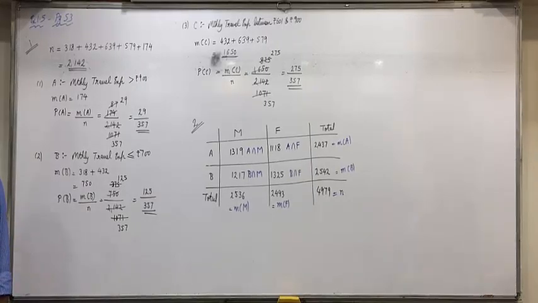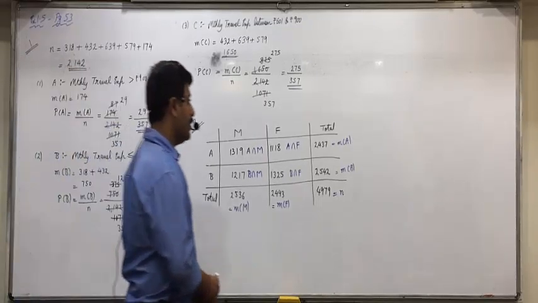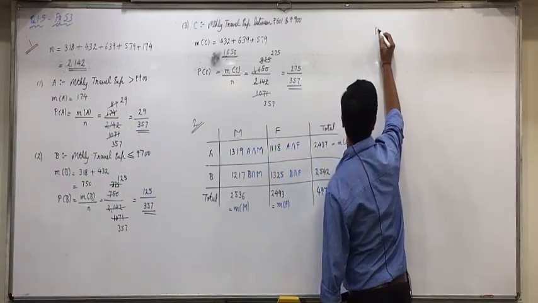Let event F be the event that voter is female.